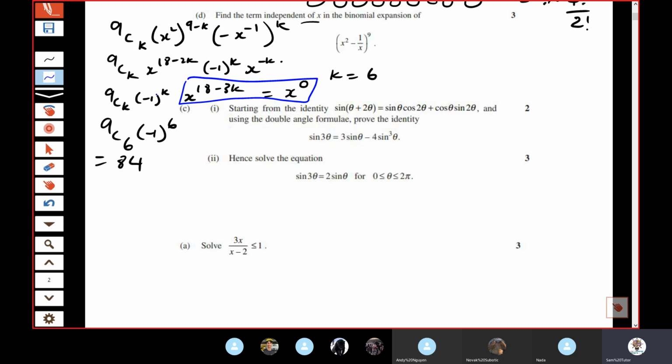So you don't have to do x squared to the power 9. Have I ever done that? Yeah, we did this like 3-4 weeks ago. No, I never did that.